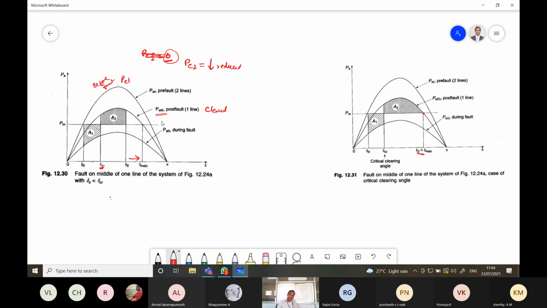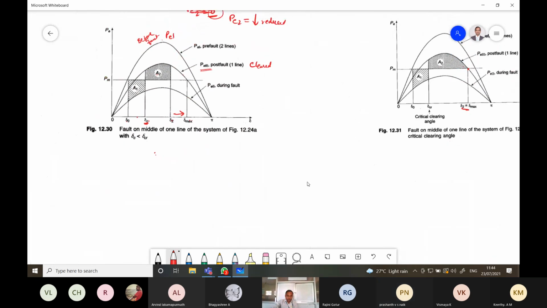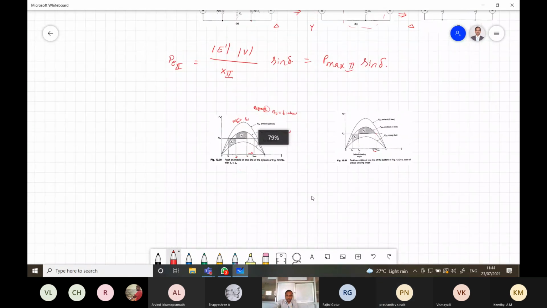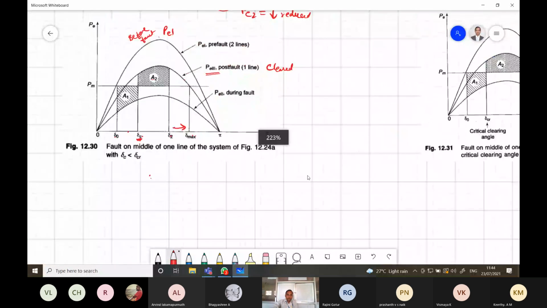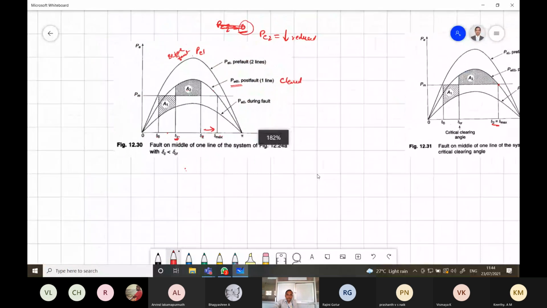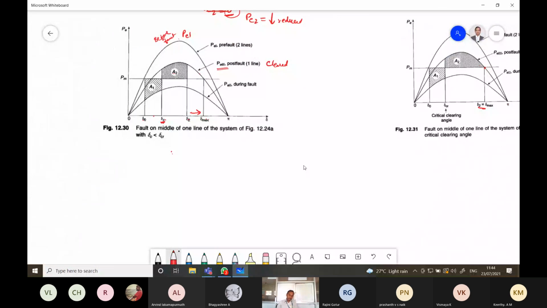Okay, so now we need to apply the equal area criterion here. So we consider A1 equal to A2. First case. So what is A1 here? Integration from delta naught to delta CR.